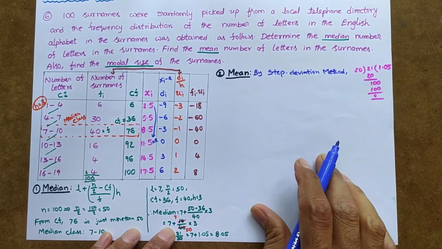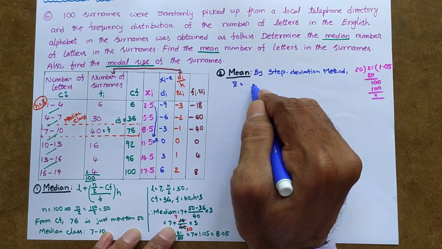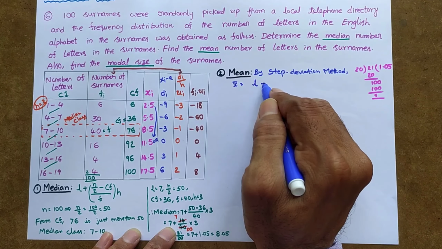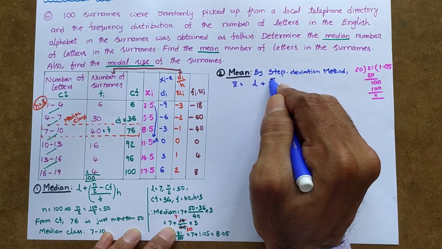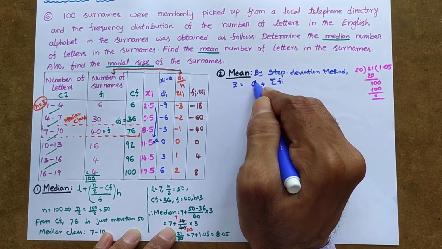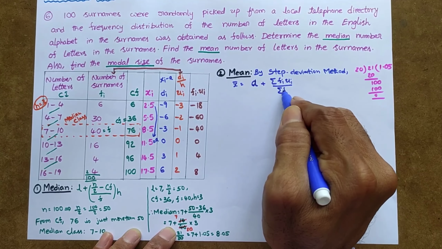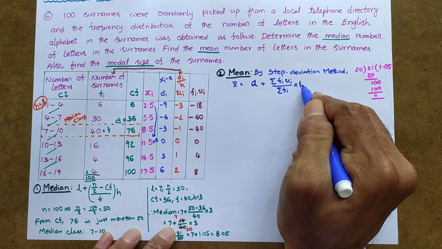Let us write the formula: mean x bar is equal to, it is not L, it is A plus (sigma Fi ui by sigma Fi) into H.